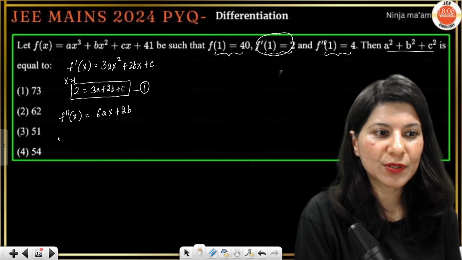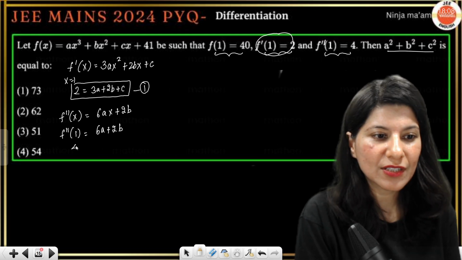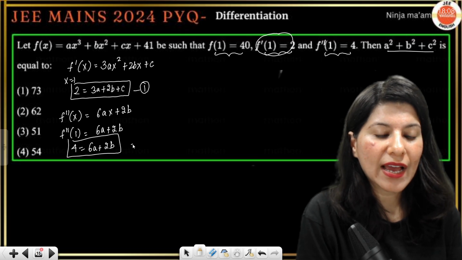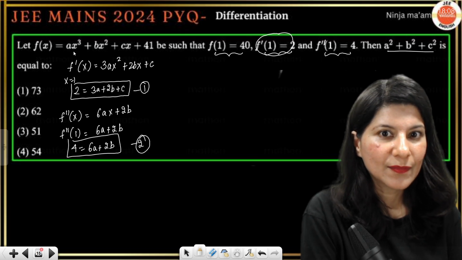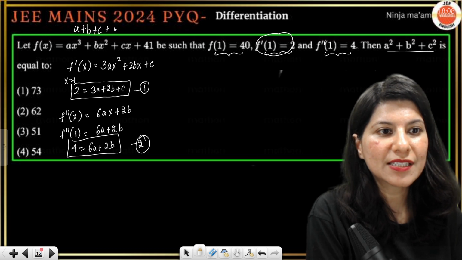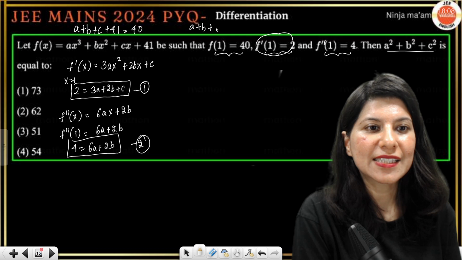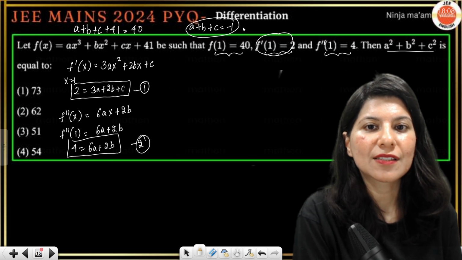Now you put x equals to 1 again. f double dash 1 equals 6a plus 2b. f double dash 1 is given as 4, so 4 equals 6a plus 2b. Second equation. And let's not forget, f of 1 is given as 40. That means a plus b plus c plus 41 is given as 40. So a plus b plus c is given as -1. This is your third equation.